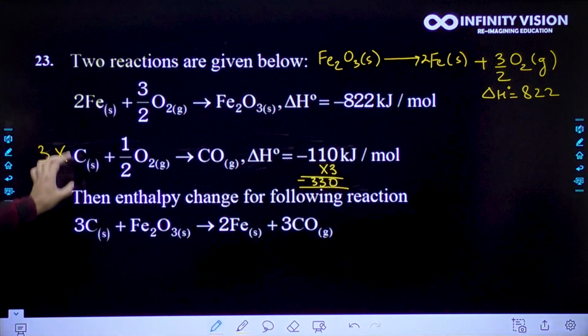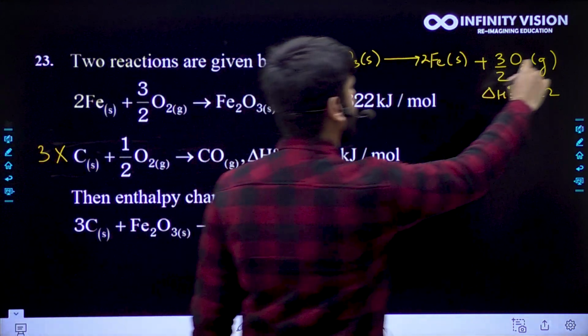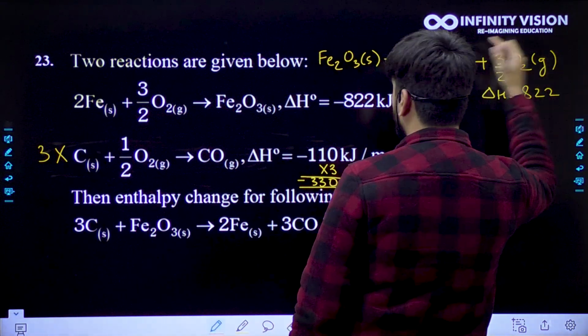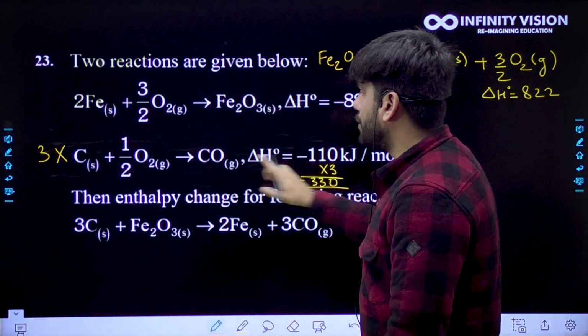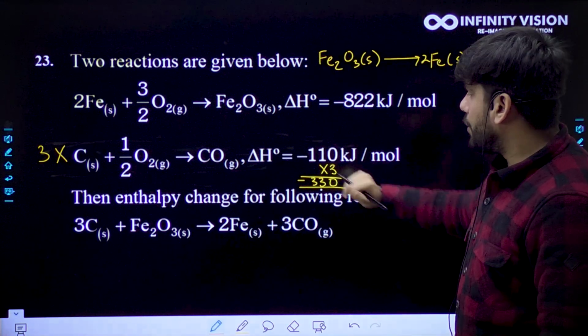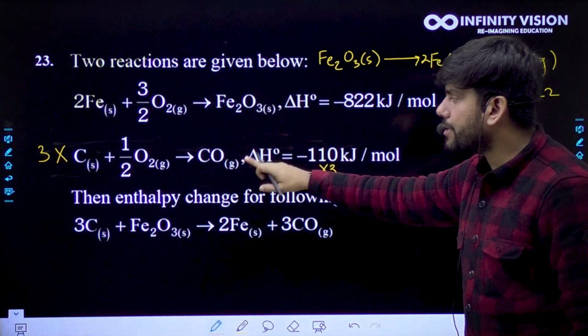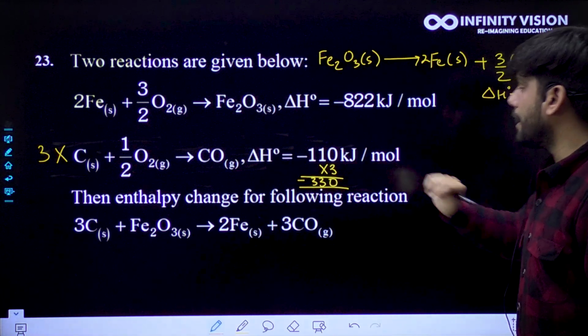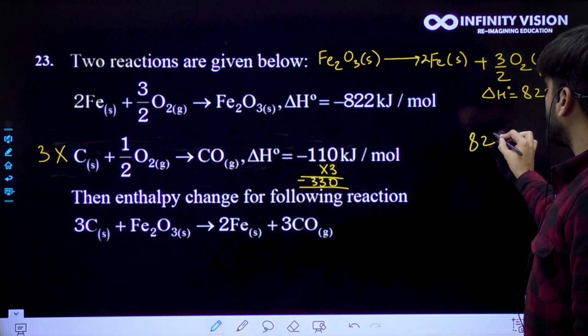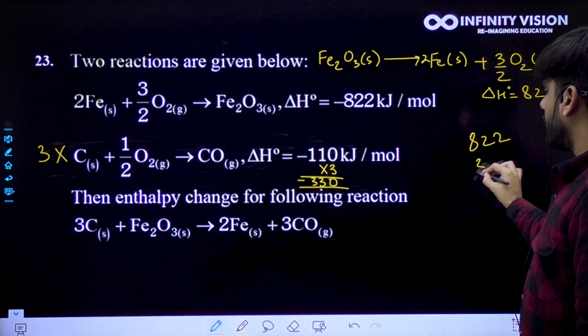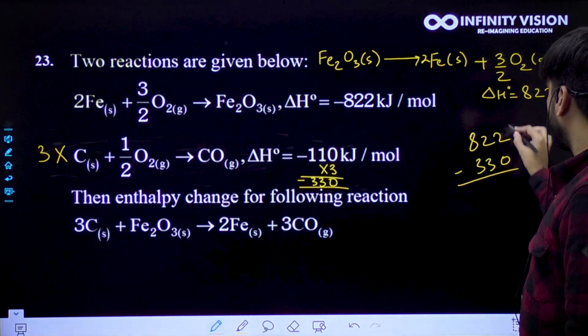And then you see that this is your new reaction A, and this is a new reaction B. And when you add the two, you will get the required reaction. And if we are adding these two reactions, we need to add these delta H naught values also. So 822 minus 330, what do we get?